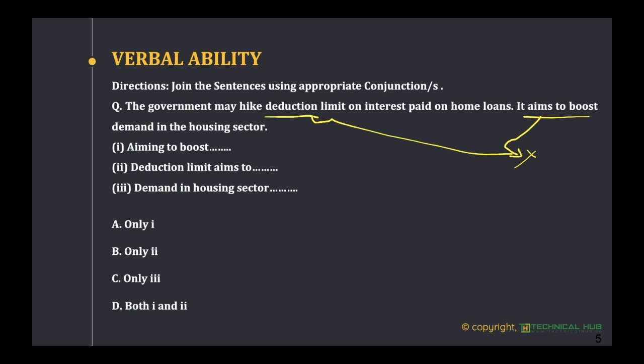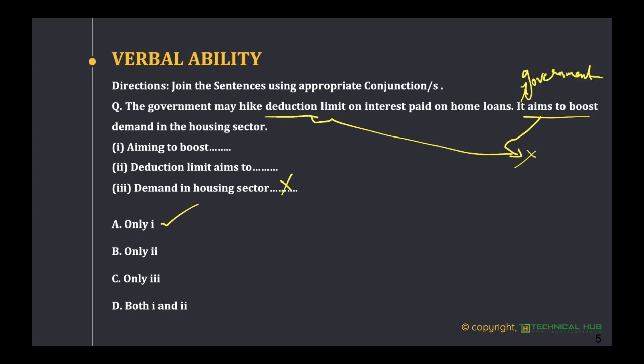Okay, you understand? "The government is aiming to boost" is also wrong. So what is the correct answer? Only one is the right answer. Here it refers to the government. Okay.